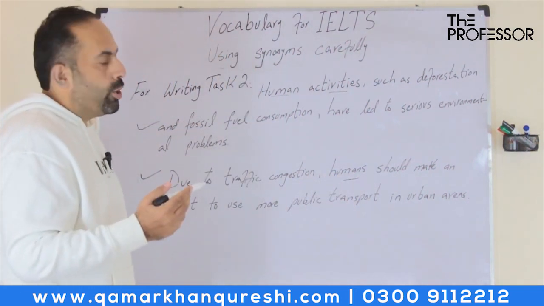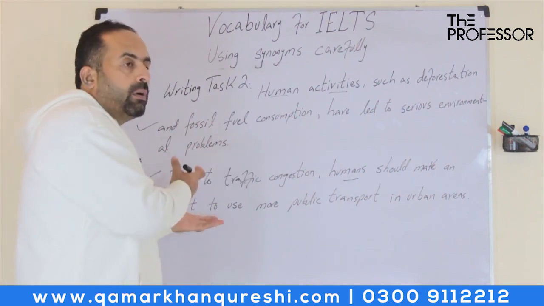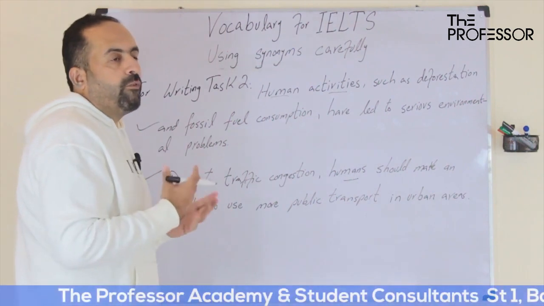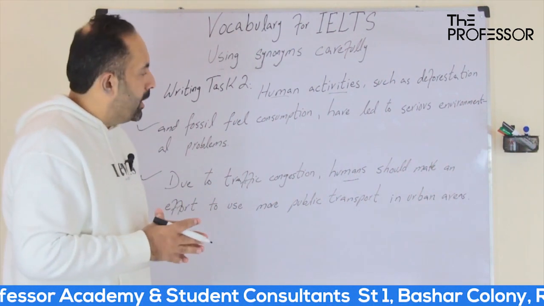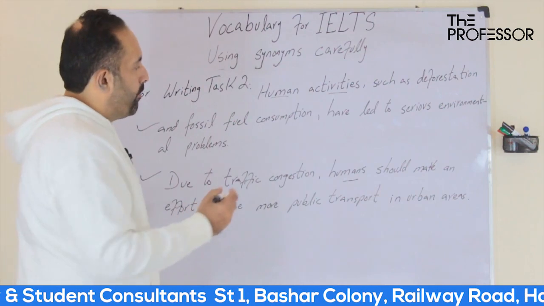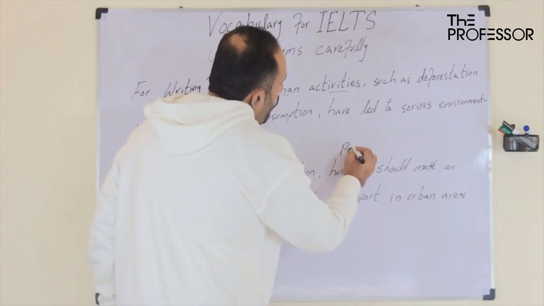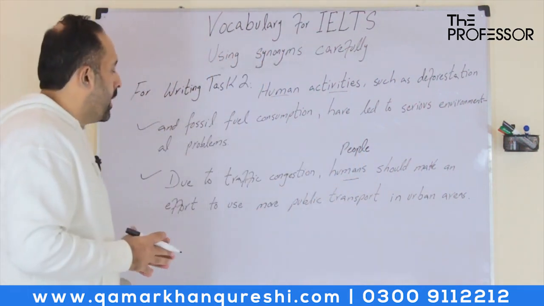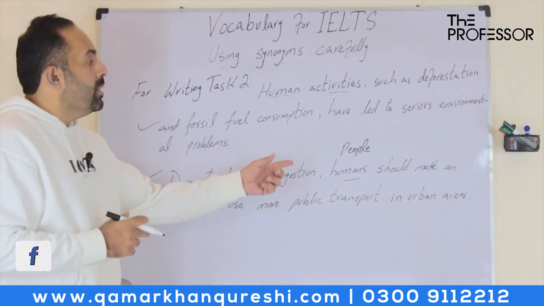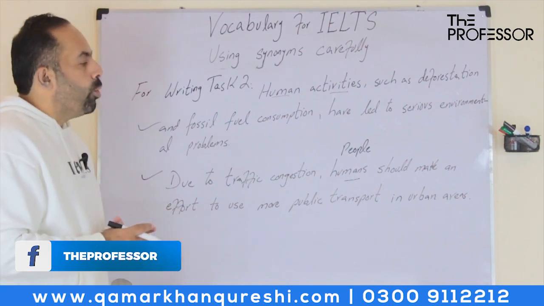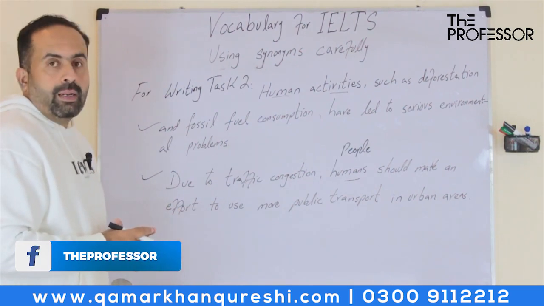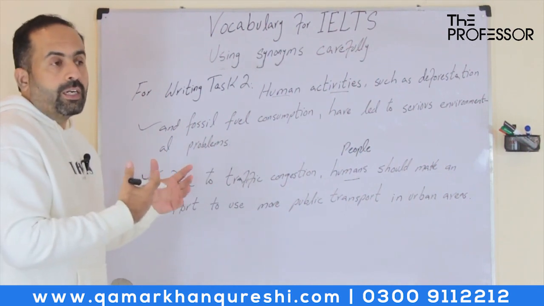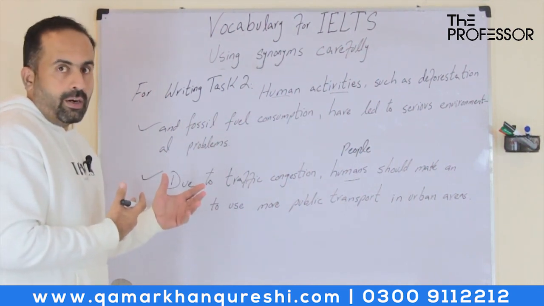We are not talking about humans because no other species is involved. No animals, no fish, no plants are involved, but people are involved. So here we can replace this word humans with people. Due to traffic congestion, people should make an effort to use more public transport in urban areas. So you got the difference? The difference in context.